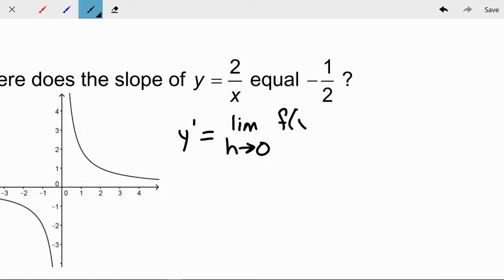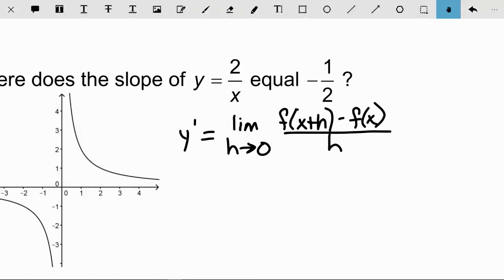So that would be f of x plus h minus f of x divided by x plus h minus x. So that would just be divided by h. And now we need to use our function, the 2 over x function, and plug that in. So I'm going to let you pause the video and try to work through that. And then when you unpause it, you can take a look at your solution.